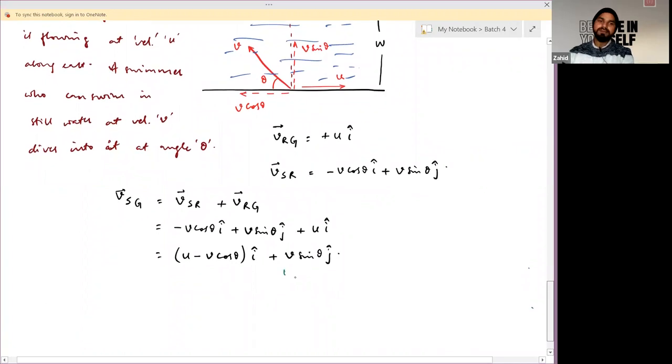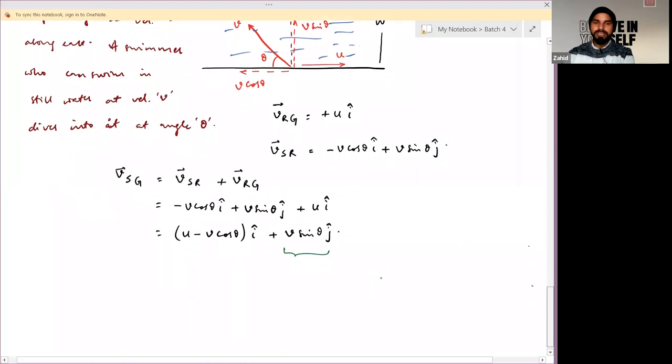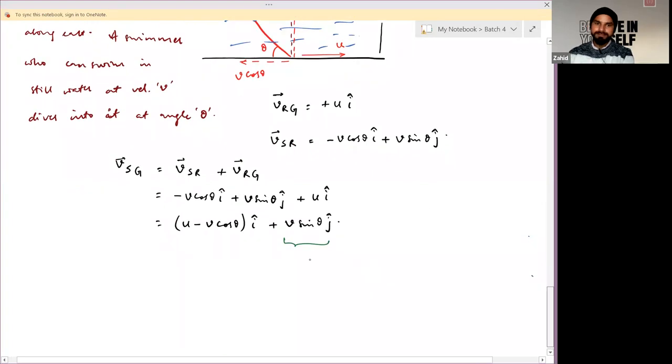First is for the vertical component. This velocity will be responsible for crossing of the river, or moving along the vertical line to reach the opposite end. So from this, we can define time to cross the river.